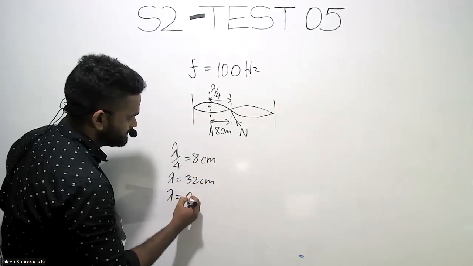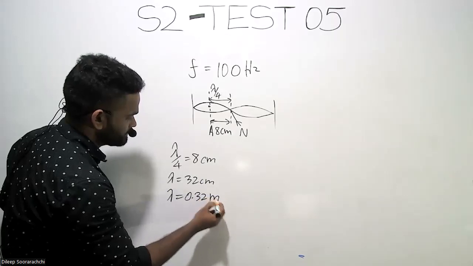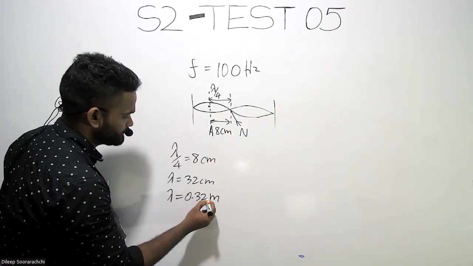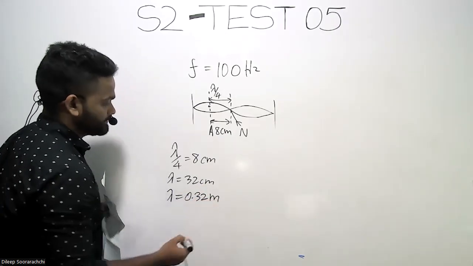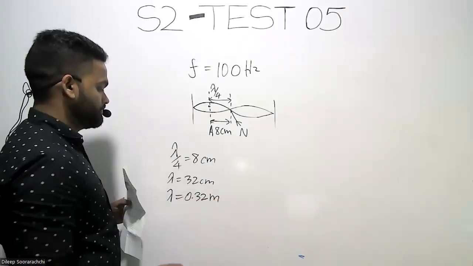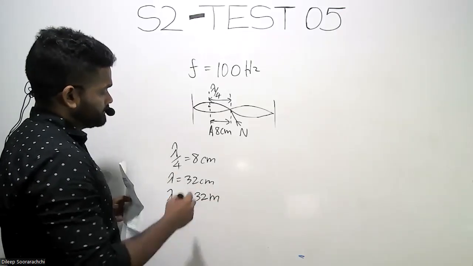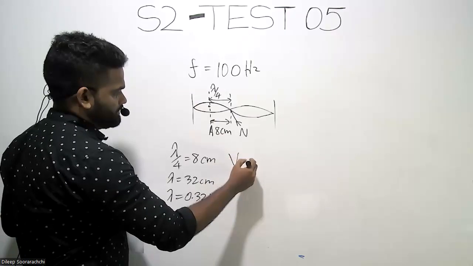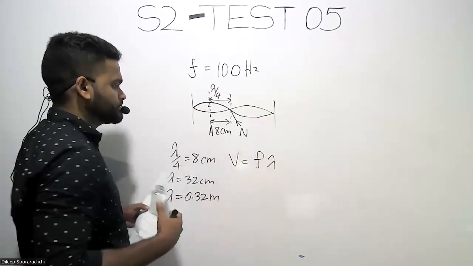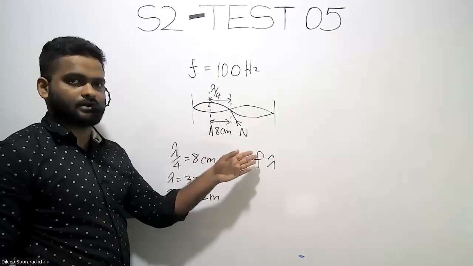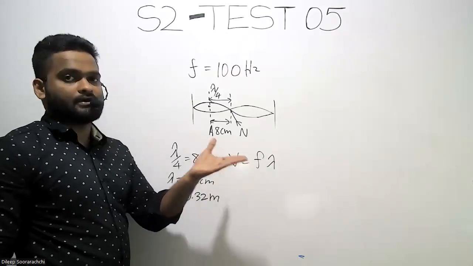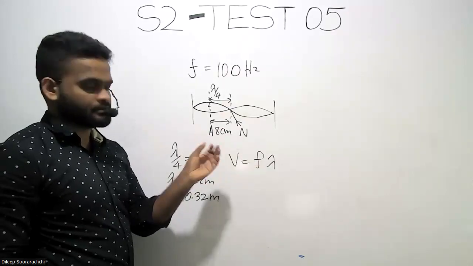In meters, this is 0.32 meters. You have to divide by 100. Then we know the frequency, then simply apply v equals f lambda. So this v equals f lambda is like F equals ma in mechanics.